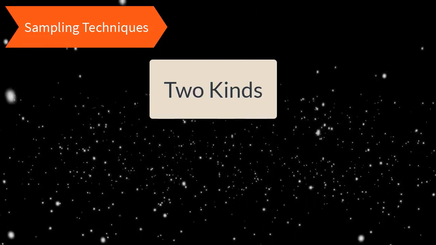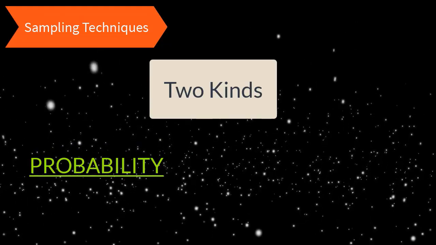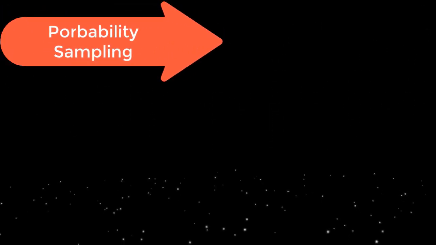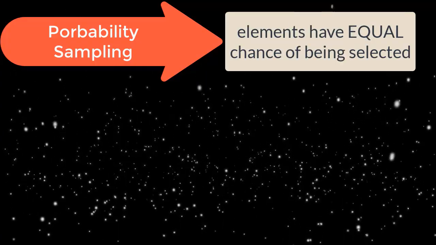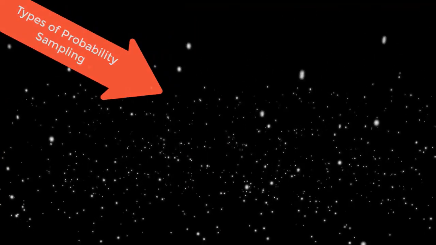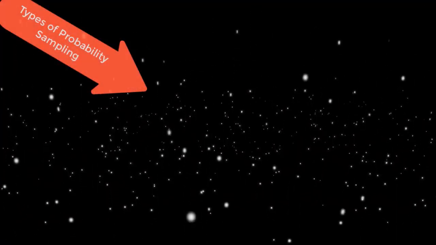There are 2 kinds of sampling techniques: the probability sampling and the non-probability sampling. Probability sampling is a technique where all elements in the population frame have an equal chance of being selected. We have types of probability sampling, like random sampling.